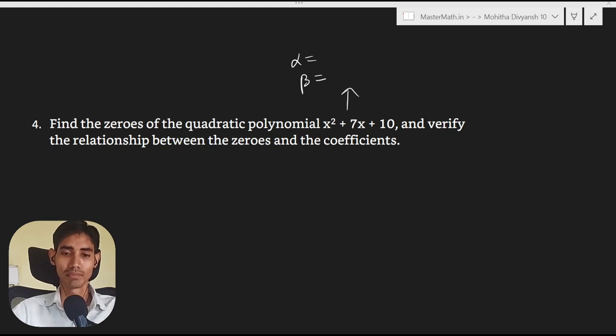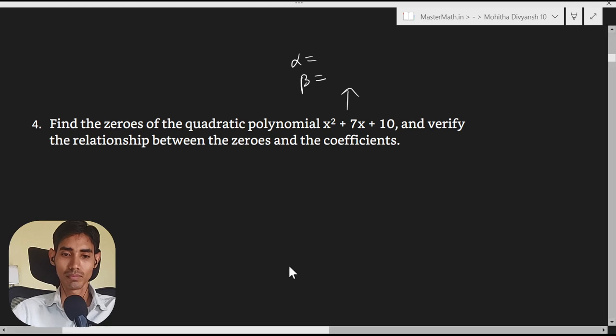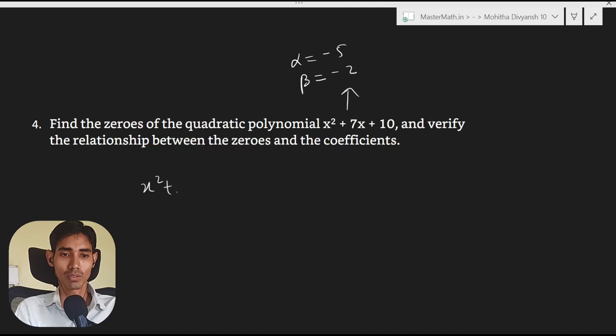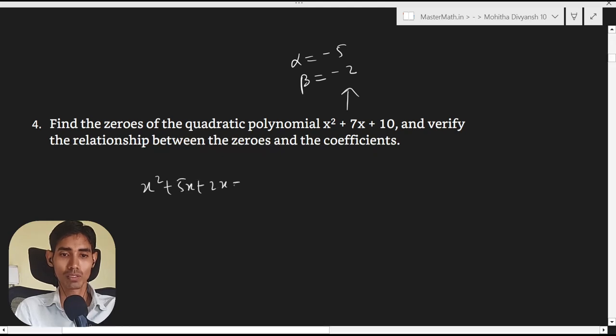Alpha and beta are minus 5 and minus 2. So x square plus 5x plus 2x plus 10.